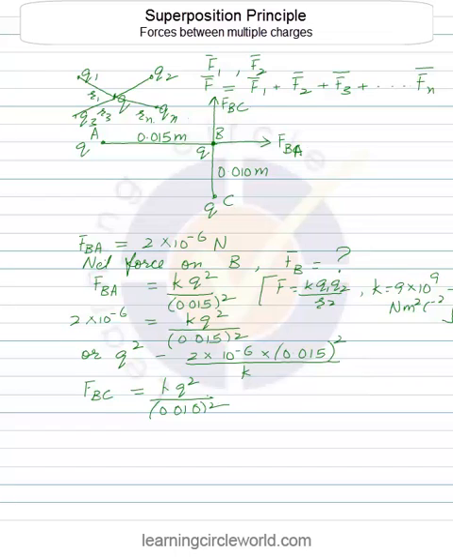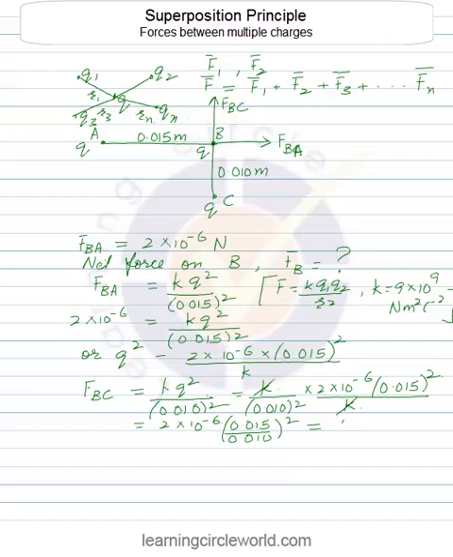Now we substitute for Q square from the equation above, and we get K upon 0.010 whole square into 2 into 10 to the power minus 6 into 0.015 whole square divided by K. K and K cancel, and this is equal to 2 into 10 to the power minus 6 into 0.015 whole square divided by 0.010 whole square, which turns out to be 4.5 into 10 to the power minus 6 Newton.